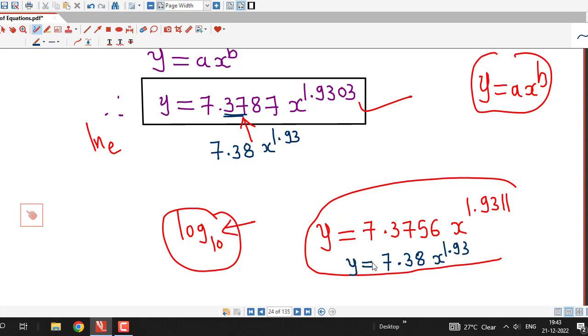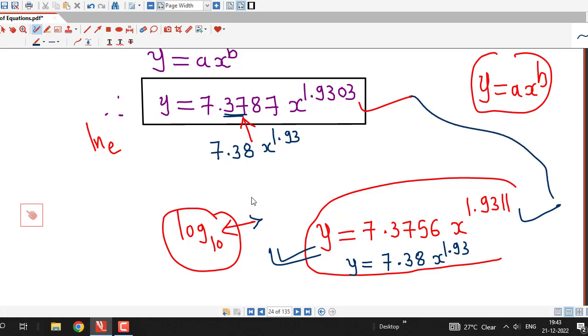So our answers are exactly equal up to 2 decimal places. So I have done my calculations using logarithm to the base e as well as using logarithm to the base 10. You can do these calculations by taking logarithm to the base 10, and you will obtain this answer, and you can compare both the answers.